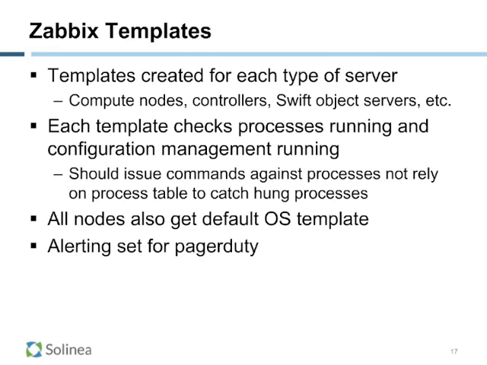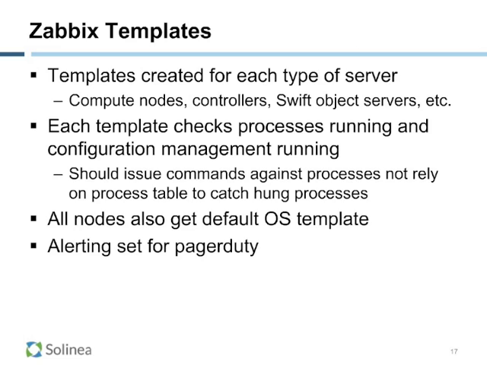And while they still appear in the process table, they're not actually functioning anymore. So we make sure that we issue a command against them to actually get a response. So for example, for something like Rabbit, we might do a rabbitmqctl to list topics or something like that within the queue and make sure it's actually functioning.